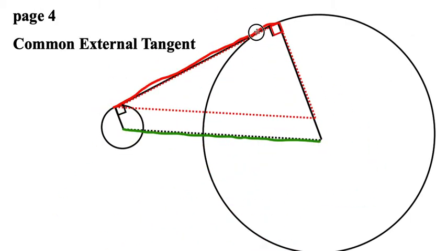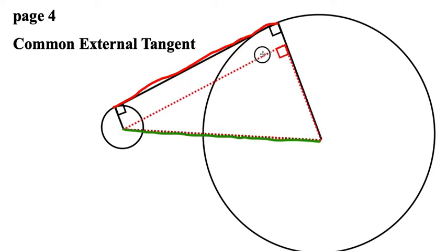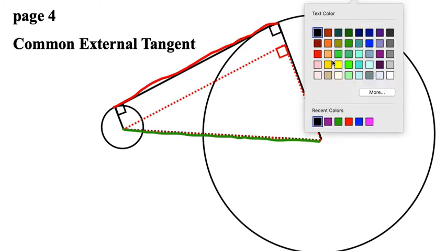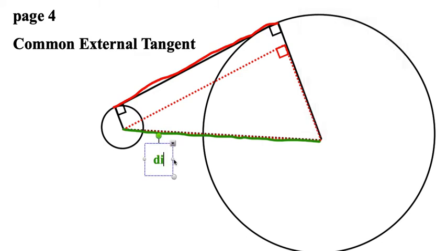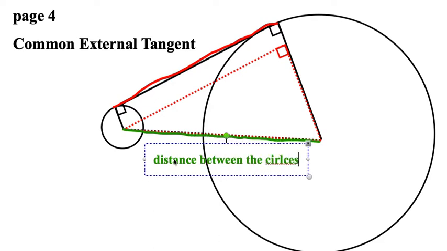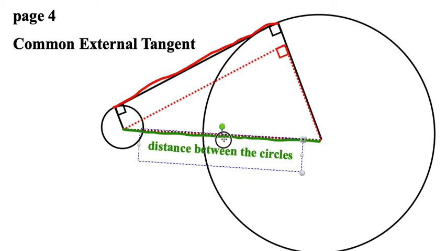And if you look at this carefully, what I've got is the hypotenuse being the green, representing the distance between the circles. I really don't want to spell circles correctly, apparently, but that would represent the distance between the circles.